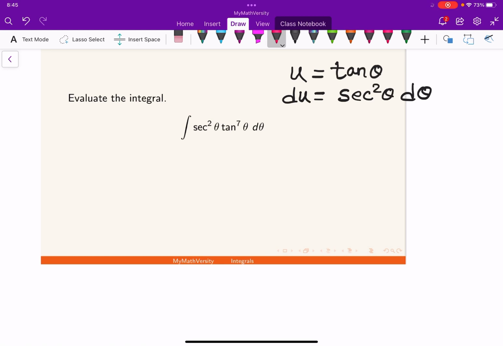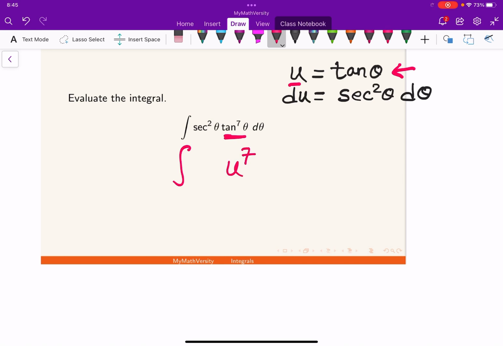Okay, so let me keep the integral sign as it is. Since we supposed that tangent theta is u, let's substitute that instead of the 7th power of tangent theta. If tangent theta is u, then the 7th power of tangent theta would be u to the power 7, right?